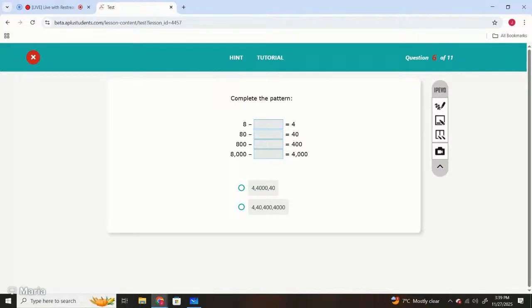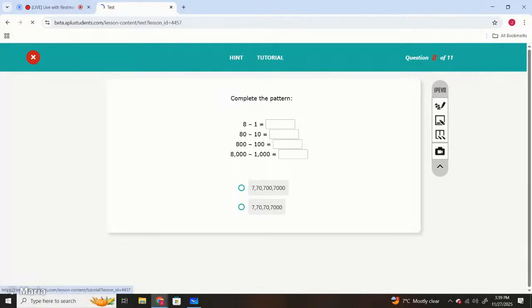Complete the pattern. Which is the correct option? That is option number 2, 440, 400 and 4000s. Option number 1 is the correct option.